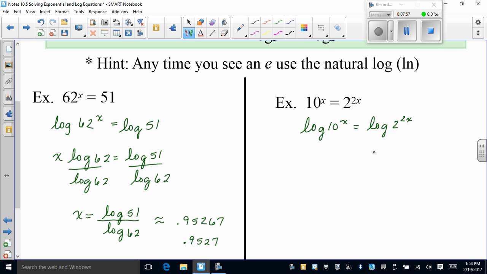So x log of 10 equals 2x log of 2. Now remember, the base and the value are the same. That's just 1. So now we're down to x equals 2x log of 2.